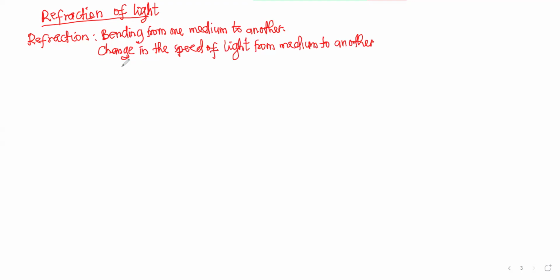This bending thing can also be defined as change in direction. Okay, bending of light from one medium to another, or change in direction of light from one medium to another.